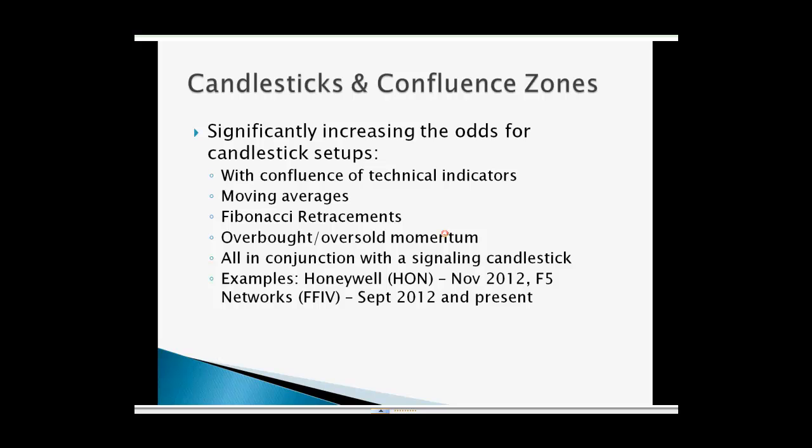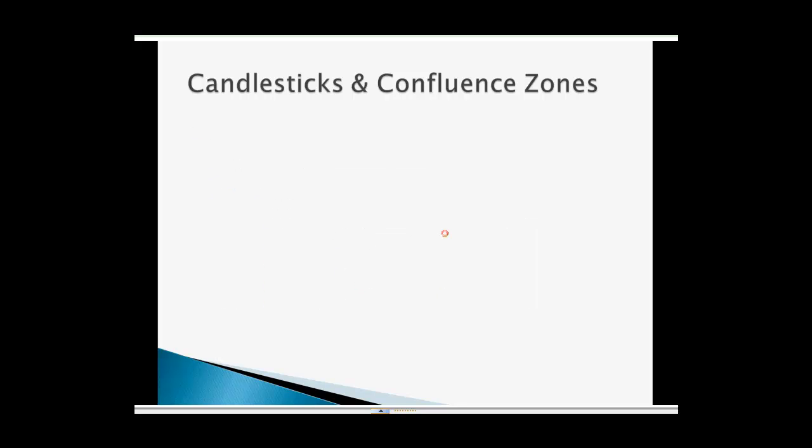Candlesticks and confluence zones. I'm going to flip through this very quickly. Essentially, what I look for when I use these candlesticks, I don't just look for the candlestick. I also consider other factors, and to increase or decrease the probability that day's investor emotion was nothing more than an algorithm freaking out or one big investor getting out, I like to see other types of confirmation, also using technical analysis tools.